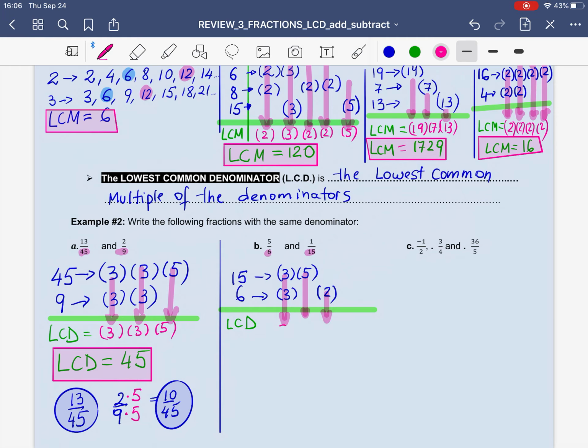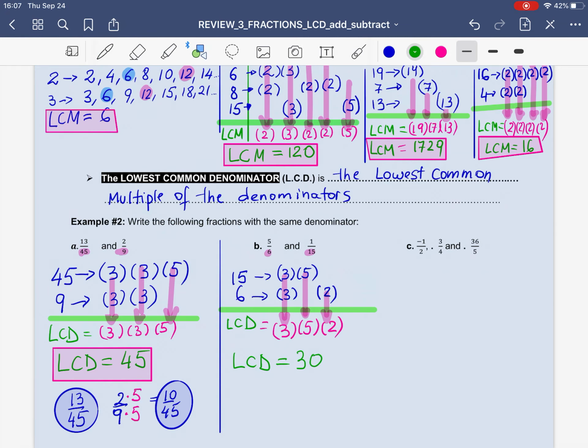So we have 3, we have 5, we have 2, and that will make our lowest common denominator, which will be 30. So 30 is the smallest multiple of 6 and 15, and since they are denominators, it will be the lowest common denominator of these two expressions.